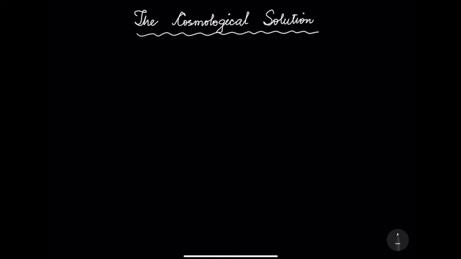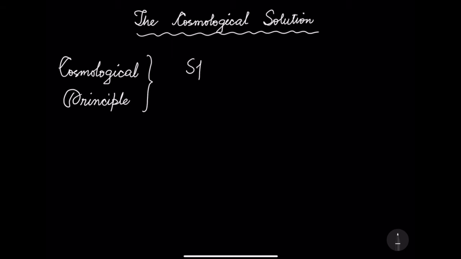If we take that assumption, we can actually simplify the Einstein equation a lot. This assumption is named as a principle. It's called the cosmological principle. And this is only spatial homogeneity and isotropy.